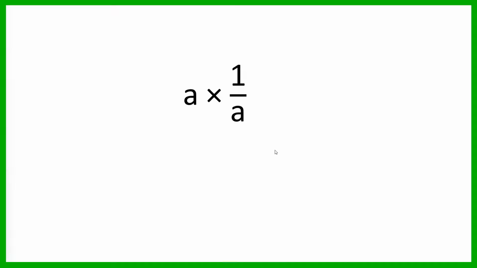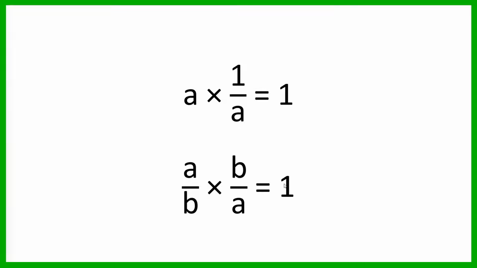If I multiply those together, I will always get 1. Okay, same thing happens if you already have a number that's written as a fraction. So a over b multiplied by its inverse, which would be b over a because I'm flipping it over, okay, that will give me 1. So anytime you multiply something by its multiplicative inverse, it will always give you 1.